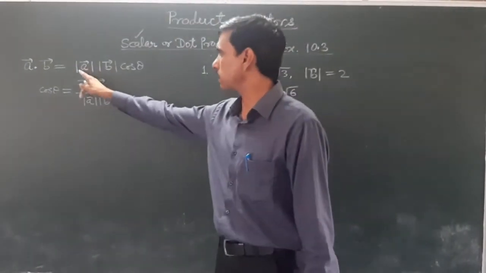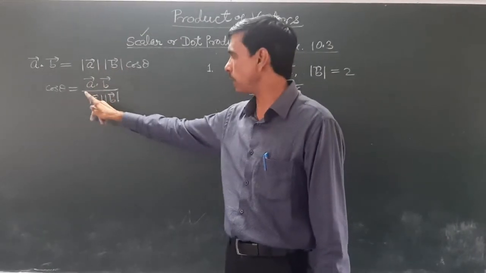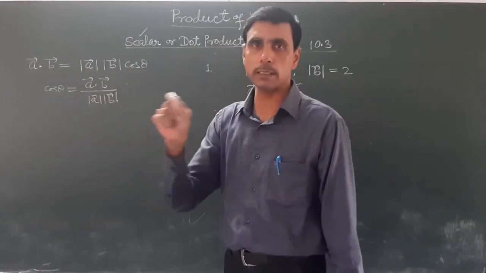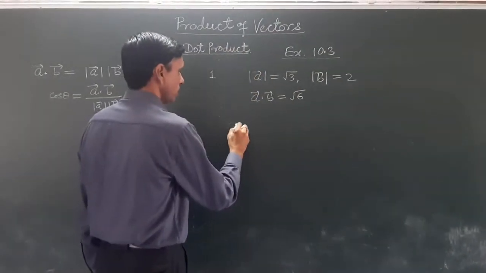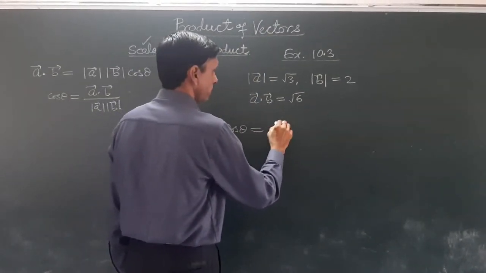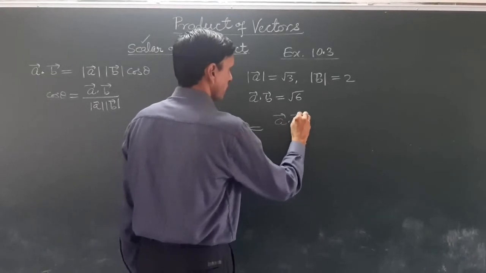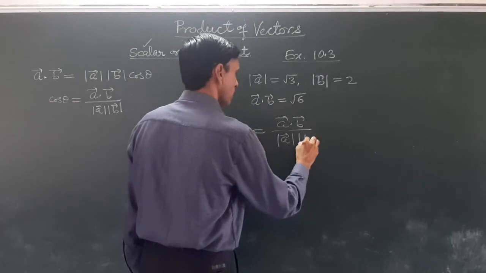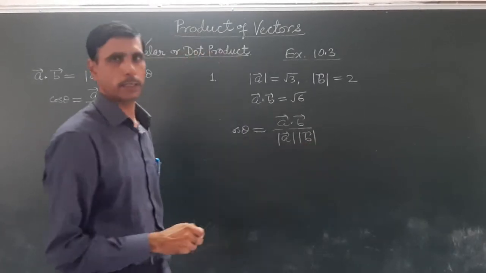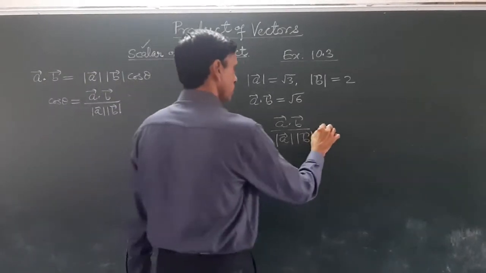तो आप जानते हैं this is A dot B और यह cos theta. हमेशा याद रखिए A dot B divided by magnitude. In this question, cos theta will be A dot B divided by magnitude. फार्मूला लिखना है, वैल्यू बोलिए.